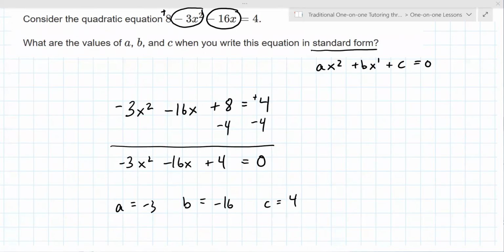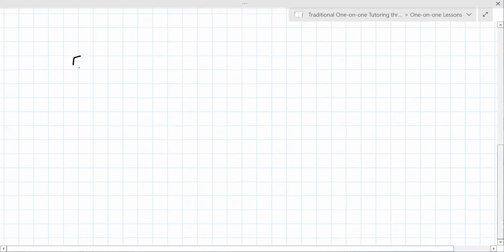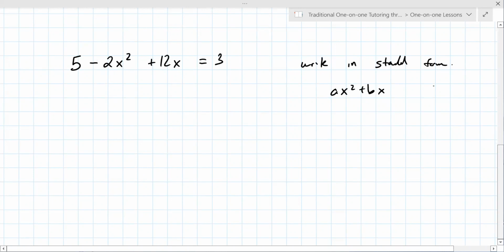So let's say I ask you to do something like this, like 5 minus 2x squared plus 12x equals 3. And I want you to write it in standard form. So again, that's ax squared plus bx plus c equals 0.